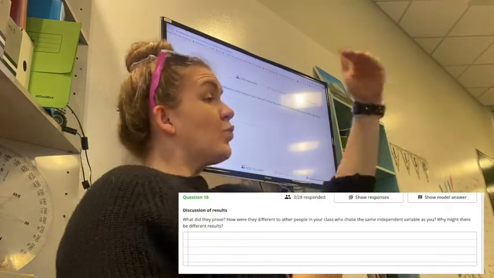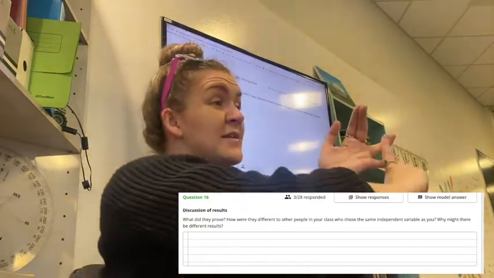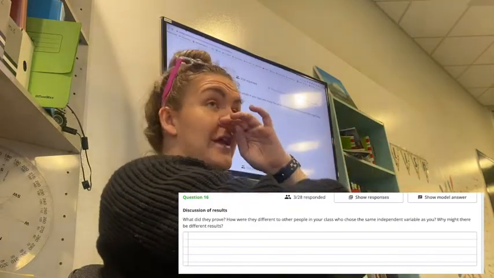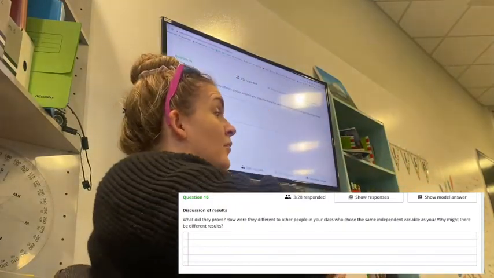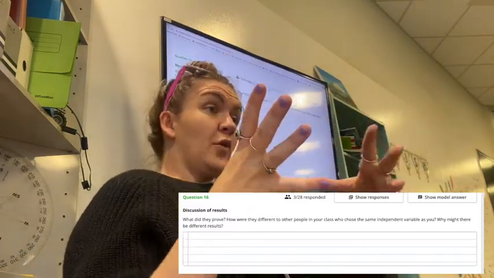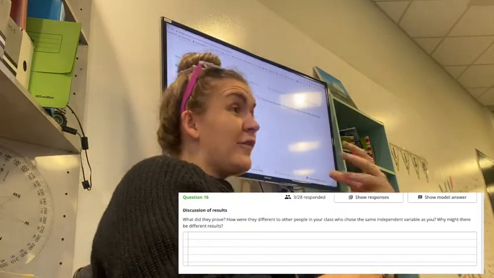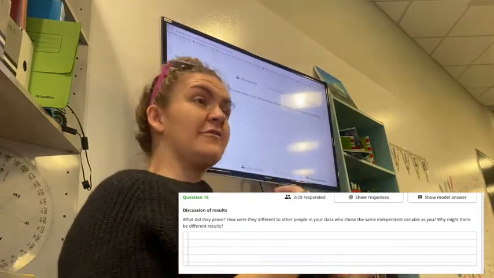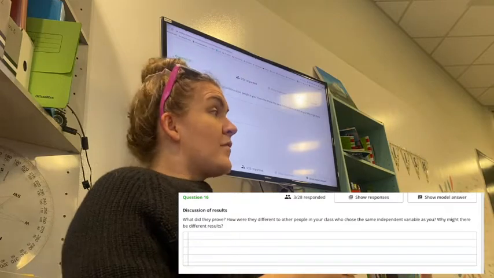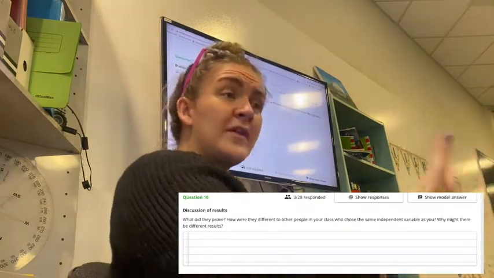If we're wanting to do well, we're going to notice things that are the same and things that are different. So you're going to say all the other groups had the same supporting statement, but some groups' 3.5 did grow, whereas ours didn't grow. Some groups' 1.5 actually grew way more than ours did.